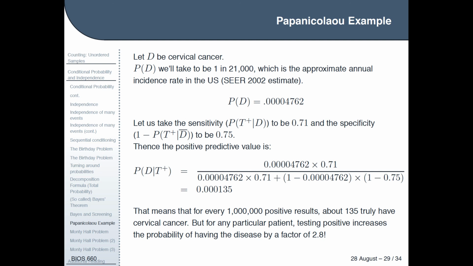So the probability of a false positive among someone who doesn't have the disease is far greater than the probability of a true positive among someone who does, because the second group is tiny. And so, yeah, anyway, I guess that's the end of that example.